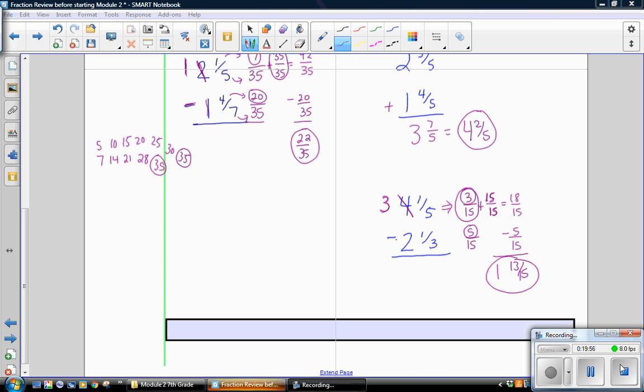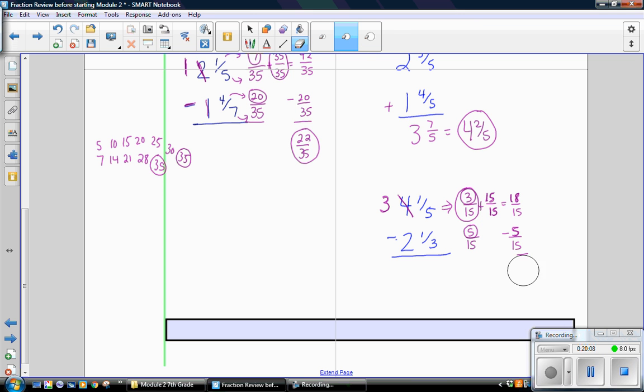That gives you a total of 18/15. Now you can subtract. 18 minus 5 is 13. And I stand corrected. The answer is 1 13/15. In simplest form, that answer is 1 1/5.